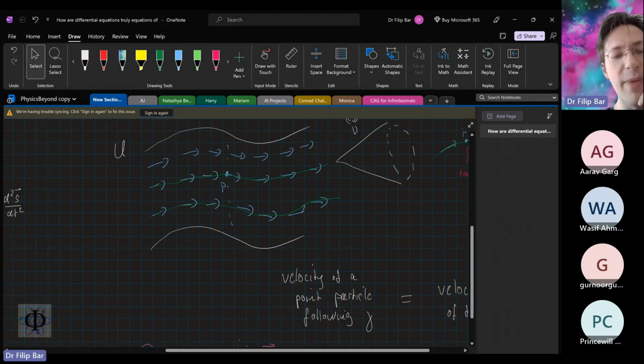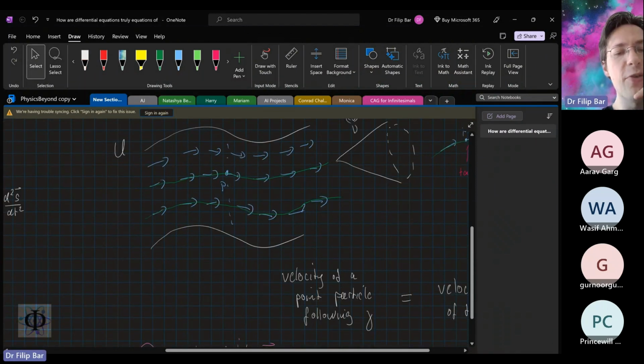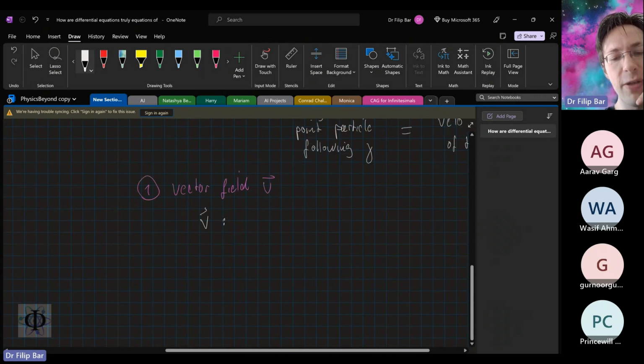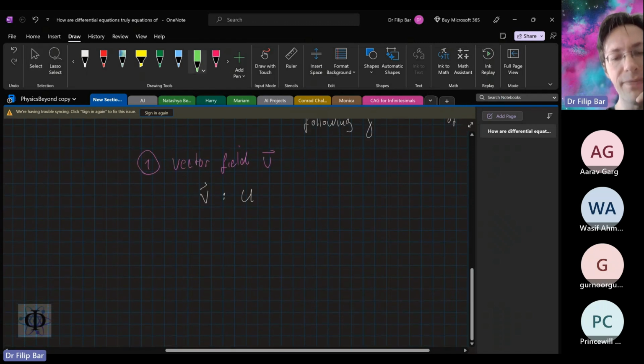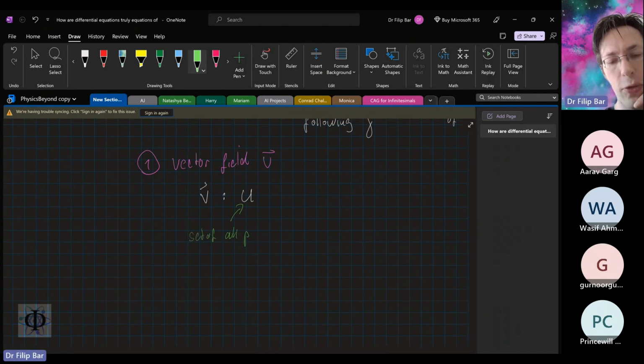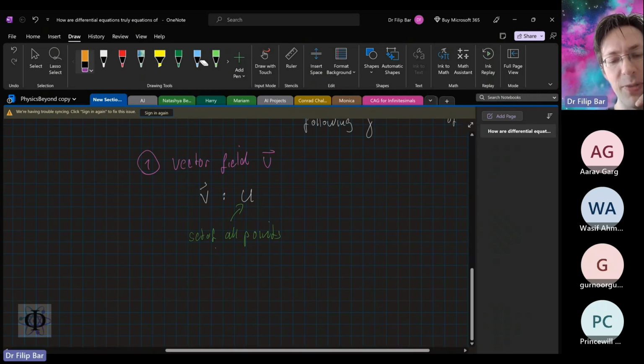That function needs to have a domain of definition. And the domain of definition, of course, is going to be the points in the river. So I'm just calling the set of all points here U. That's the collection of all points in the river that I'm interested in, the set of all points on the surface of the river, because honestly I'm just talking about the surface of the river.